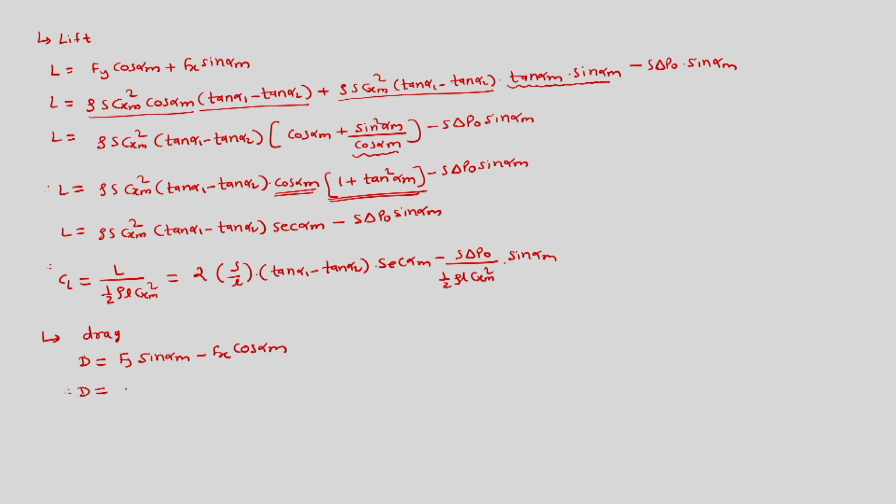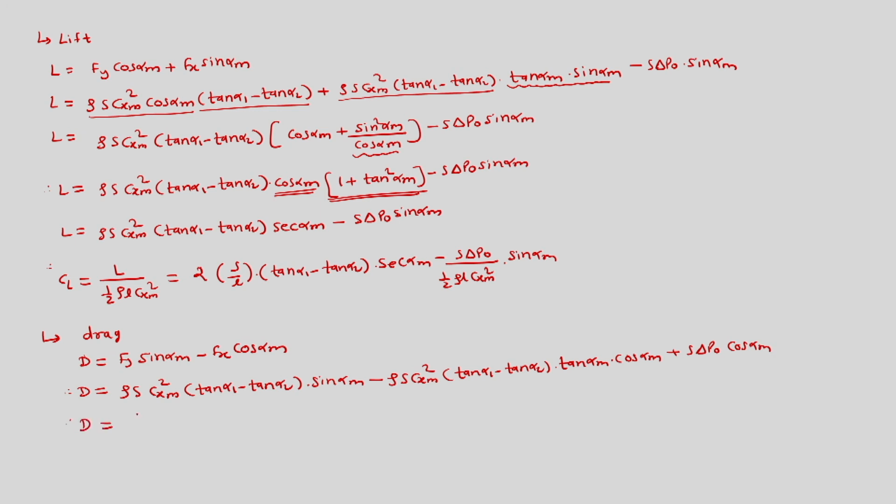So, we can put the expression for Fy: rho s Cxm square into tan alpha 1 minus tan alpha 2 into sin alpha m, minus rho s Cxm square into tan alpha 1 minus tan alpha 2 into tan alpha m into cos alpha m, plus s delta p naught into cos alpha m.